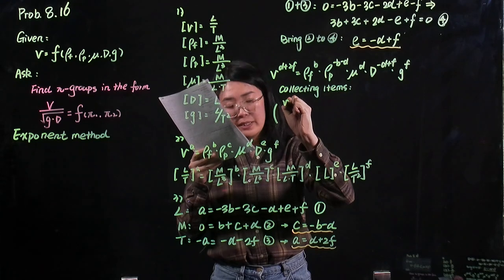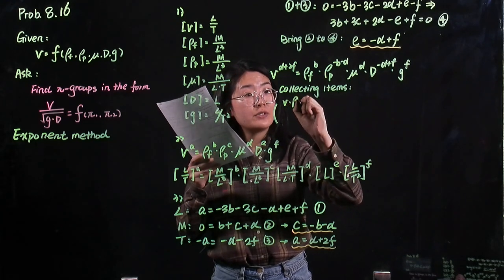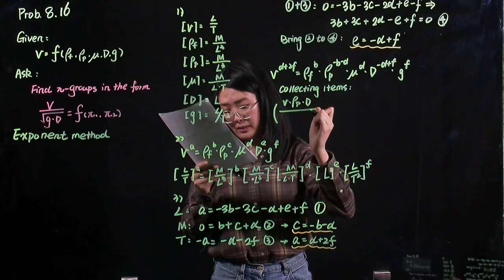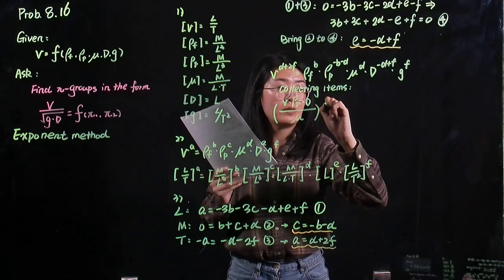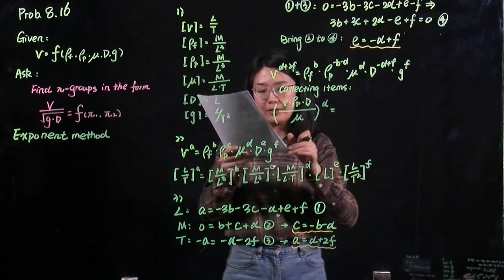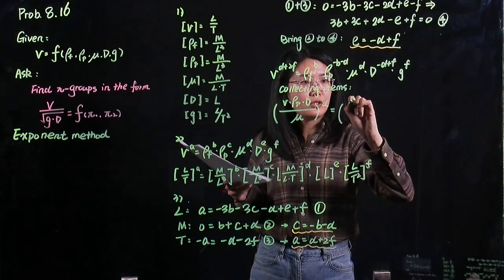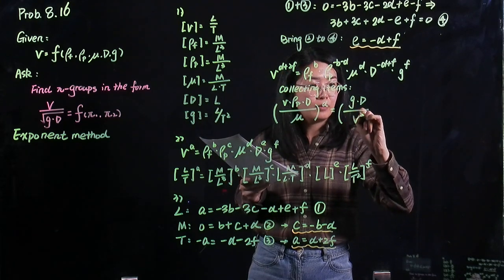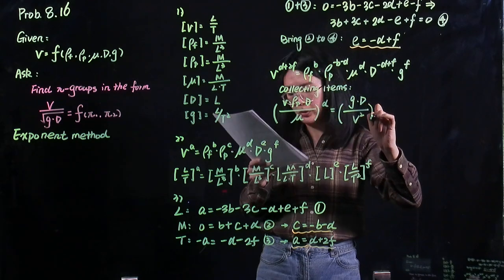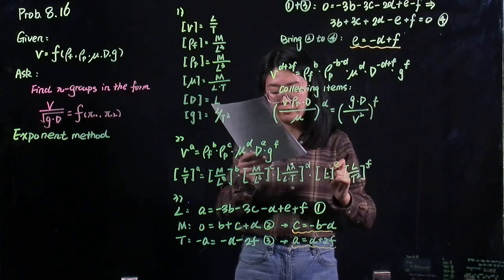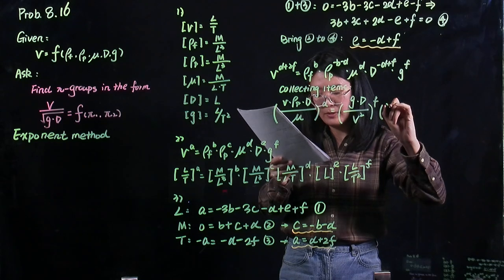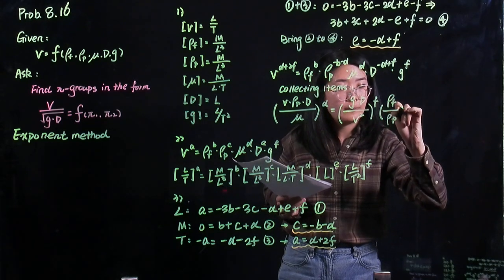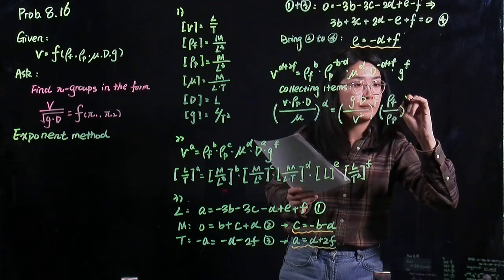So it is V times rho sub P times diameter D divided by mu, to the power of D. It should equal G times D divided by V squared, to the power of F, times rho sub F over rho sub P to the power of B.